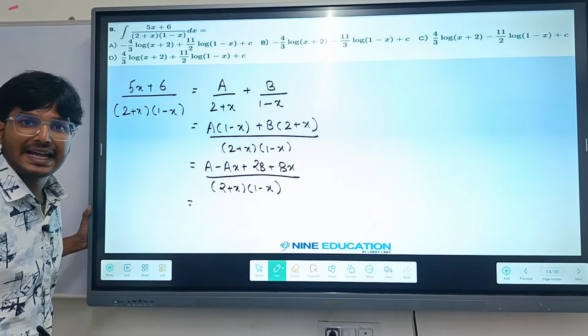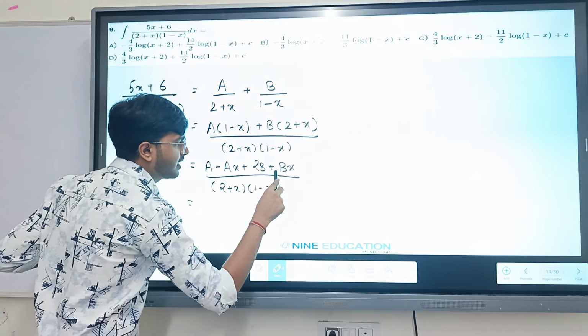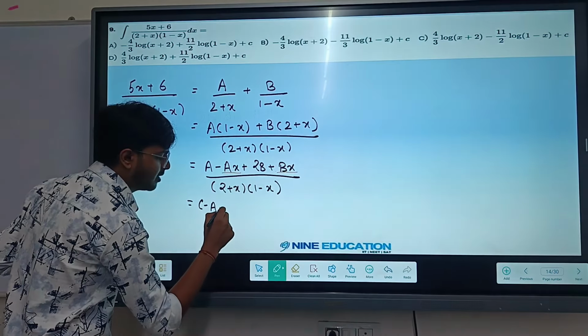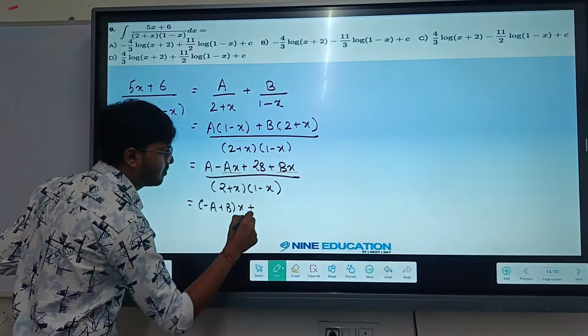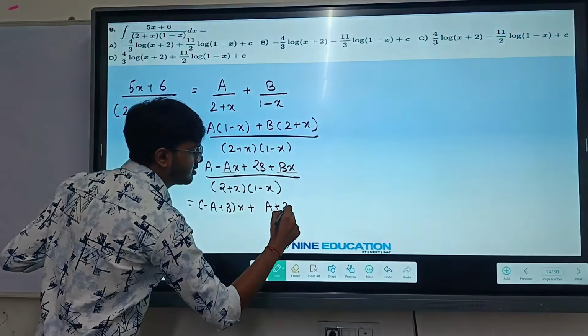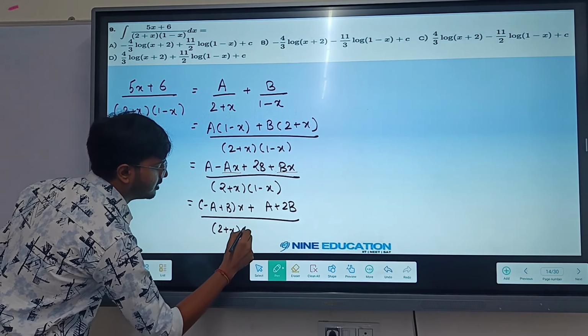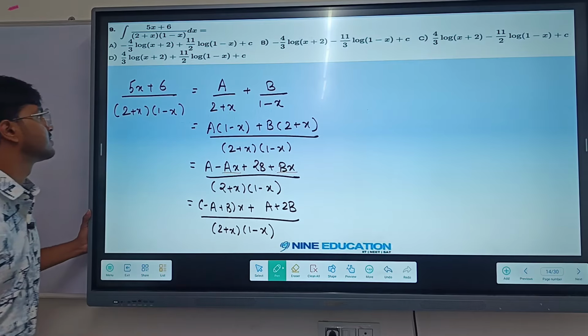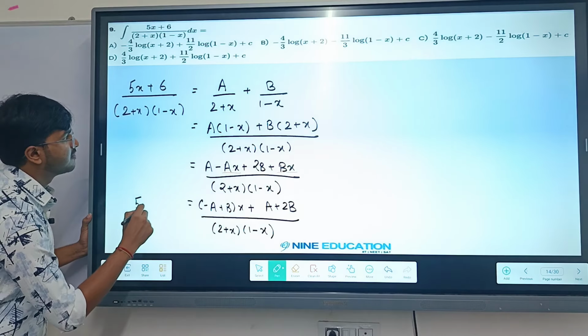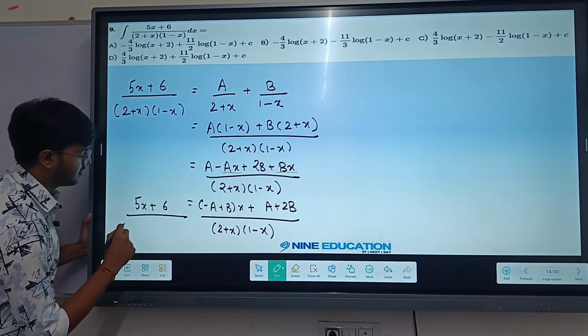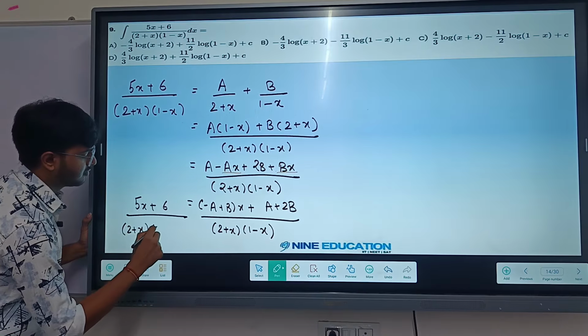Let's take like terms together, minus ax plus bx. So minus a plus b times x plus a plus 2b, whole divided by 2 plus x into 1 minus x, and this is equal to 5x plus 6 divided by 2 plus x into 1 minus x.